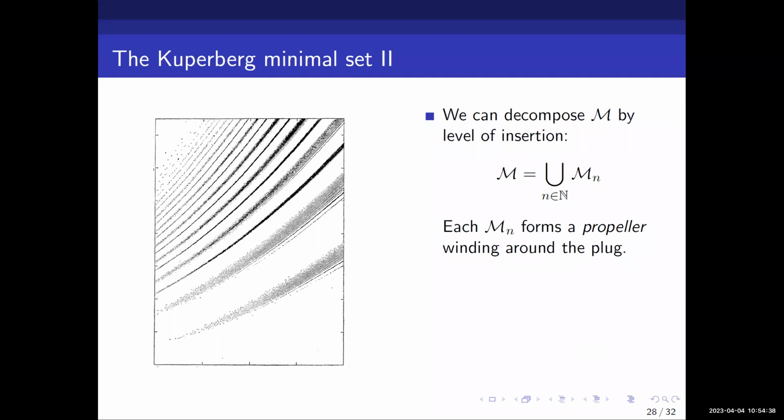It's a little hard to imagine these things, but you can think of it as a surface that's winding around the plug. And as it enters these insertion regions, it starts to branch out. So you have sort of a tree of surfaces that are branching out. There's all this very colorful terminology for these things.